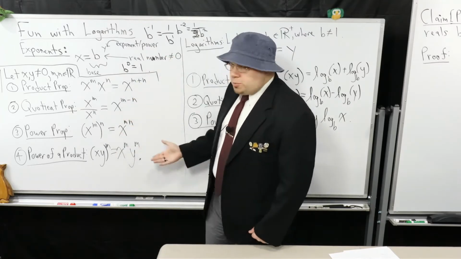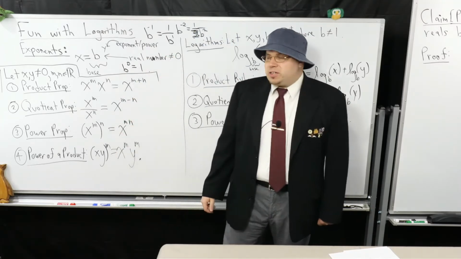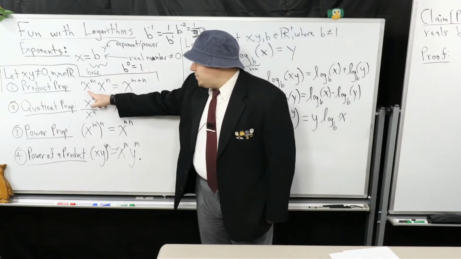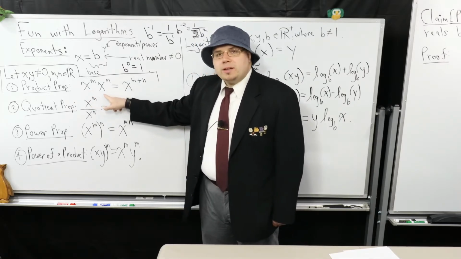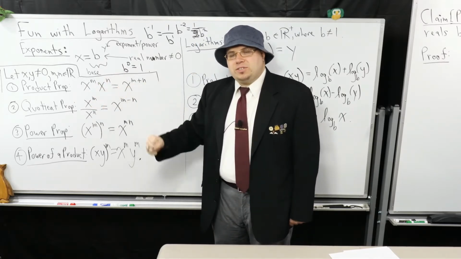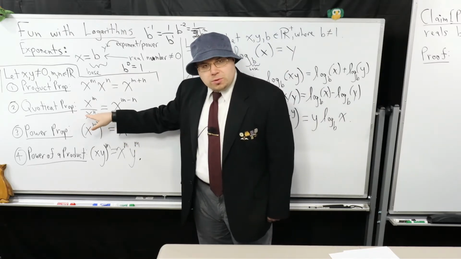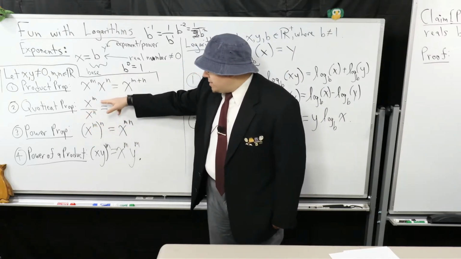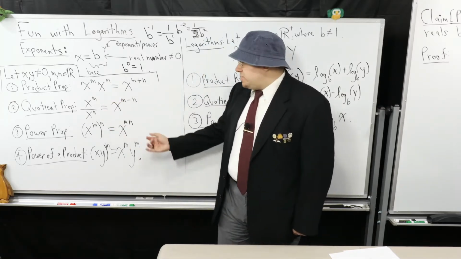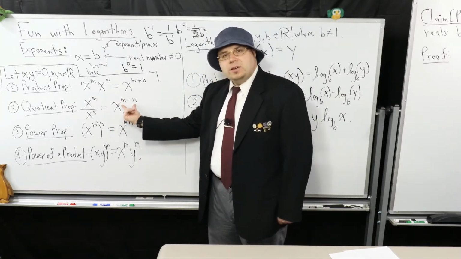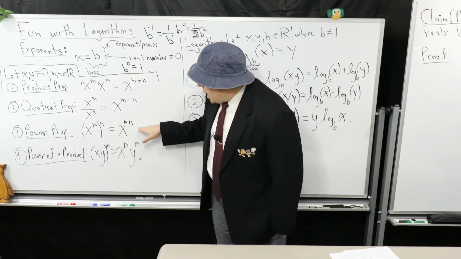Here are 4 properties that are pretty well known about exponents. The first one: if the base is the same between a product with exponents, I can add those exponents. The quotient property of exponents means I subtract the exponents.